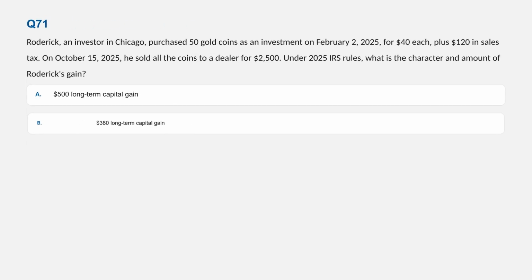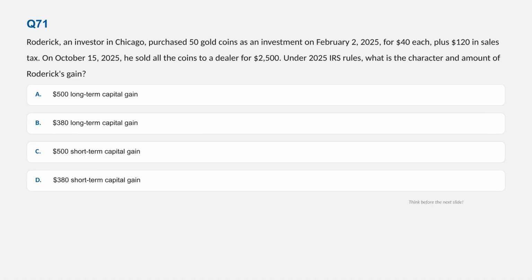Alright, let's move to question 71. Roderick, an investor in Chicago, purchased 50 gold coins as an investment on February 2nd, 2025 for $40 each plus $120 in sales tax. On October 15th, 2025, he sold all the coins to a dealer for $2,500.